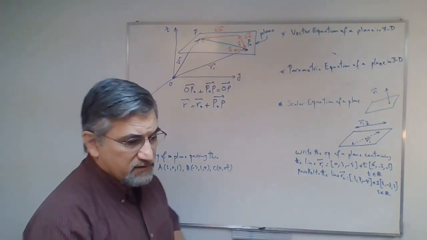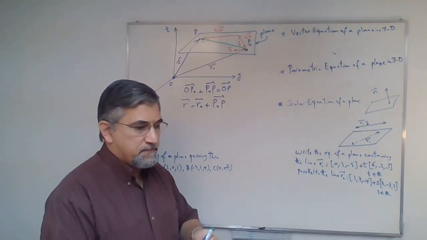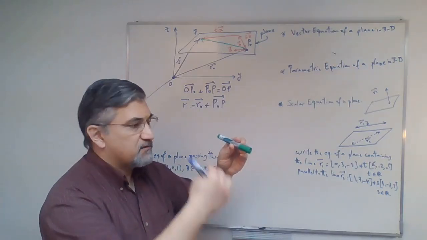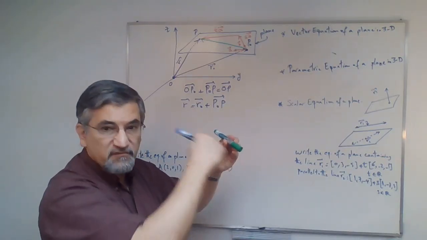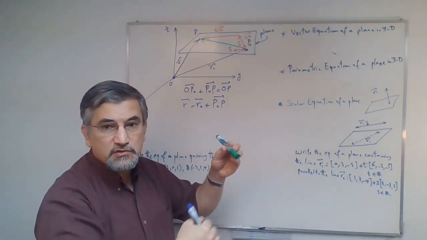But the thing is that if you consider only one vector P0P, there are millions of planes that are passing through this vector, and they contain this vector.